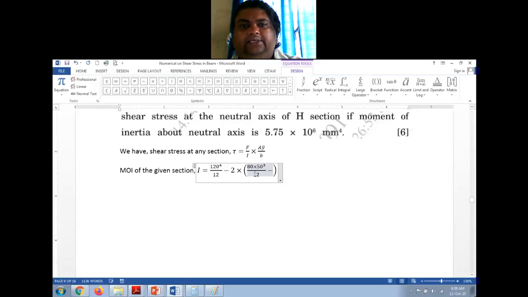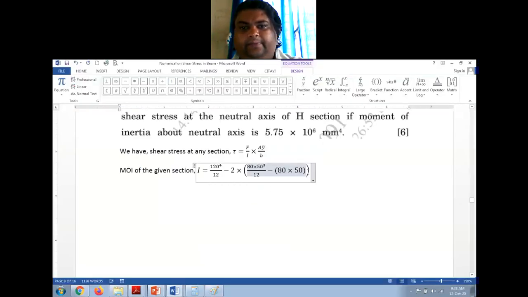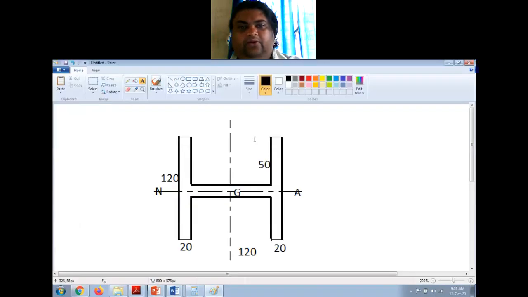This is I g plus A h square. Now what is the area? I'll put another bracket here. Area is 80 into 50, right? It is a rectangle. This is 80 and this is 50, into h. Now what is the value of h? h is actually from the neutral axis of the section.